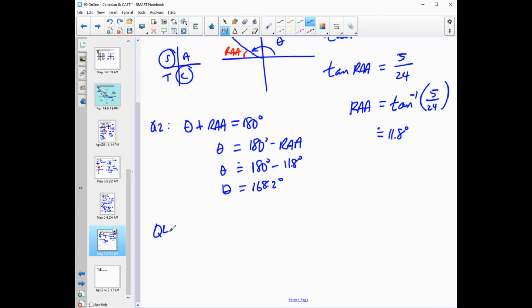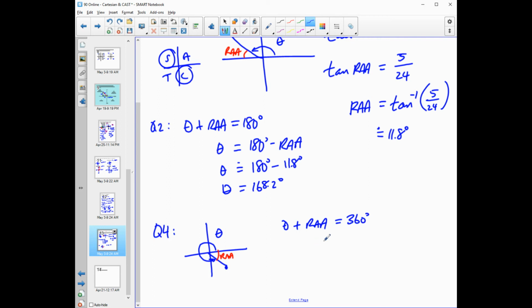In quadrant 4, that would put our terminal arm down there. That would make our angle theta look like that. It's going to be the exact same numeric value for the related acute angle, which is 11.8 degrees. You only have to calculate that once. And then our relationship is that theta plus the related acute angle must be equal to 360 degrees.